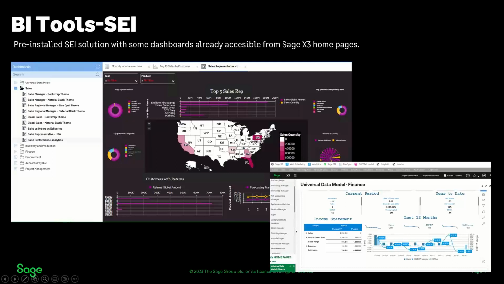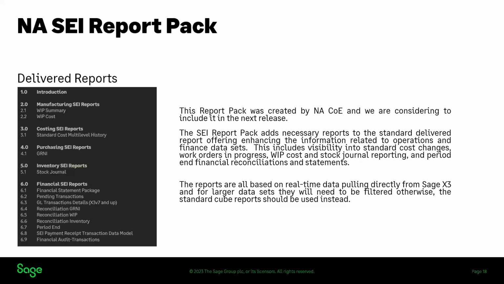Then we also have a pre-installed SEI solution with the latest version. So there have been lately some updates on this SEI, and in R1, which is the new release, we will include these updates, of course. And here maybe Jason King wants to say something, because this is a report pack that I know the North American COE created, multiple reports based on your local specificities.